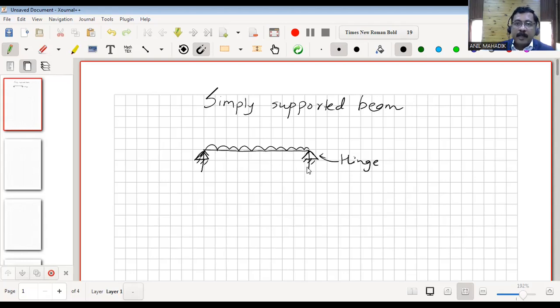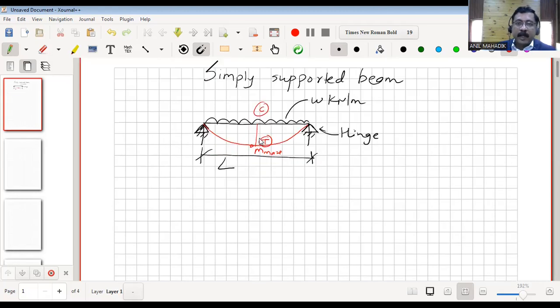If you see this simply supported beam, there is a span, let's say L. Due to the load on the beam or slab, there will be a bending moment like this. A simply supported beam will have zero moment at the ends and maximum moment at midspan at the bottom. We know that there is tension at the bottom and compression at the top. This is the overall analysis concept.